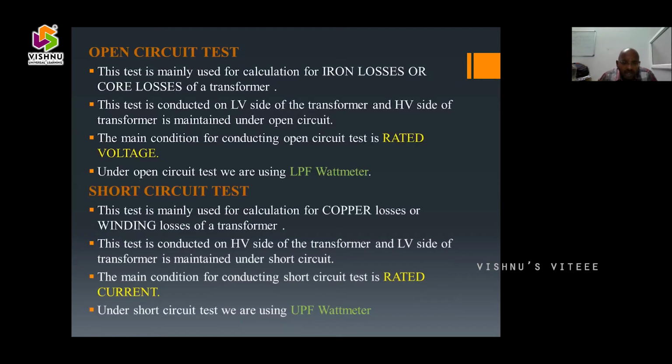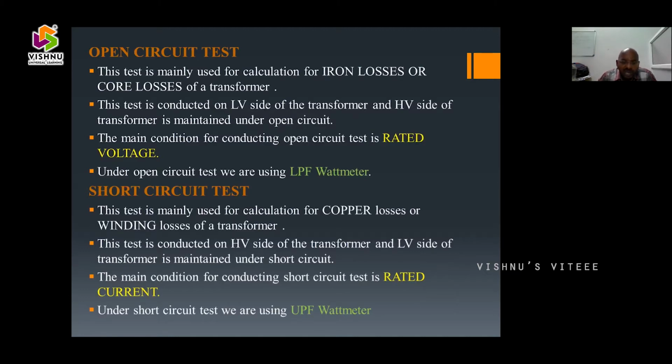And the last point is, under the open circuit test we use an LPF wattmeter. Generally under the open circuit test, no load is applied on the transformer, so the transformer operates under no load condition. Under no load condition the power factor is very low. That's why a low power factor wattmeter, LPF, is used in the open circuit test of a transformer.